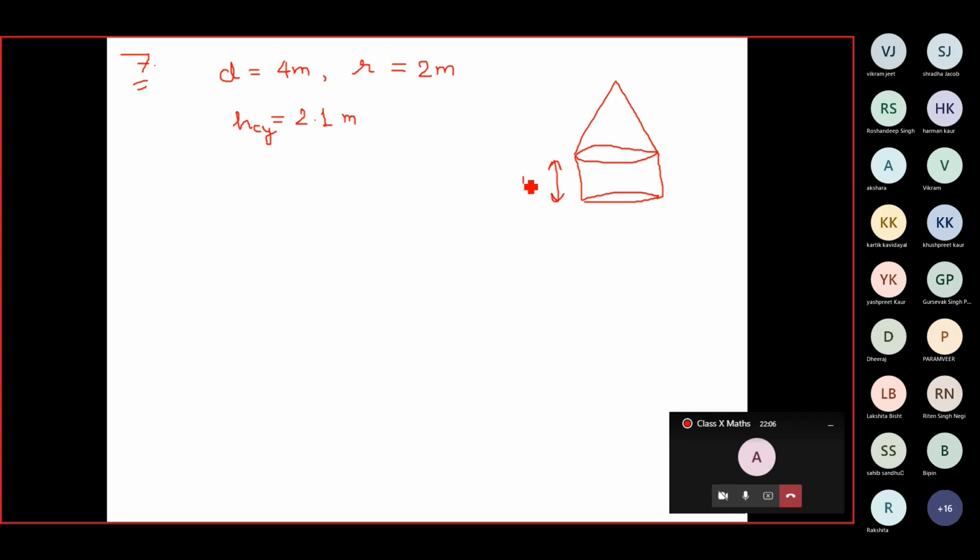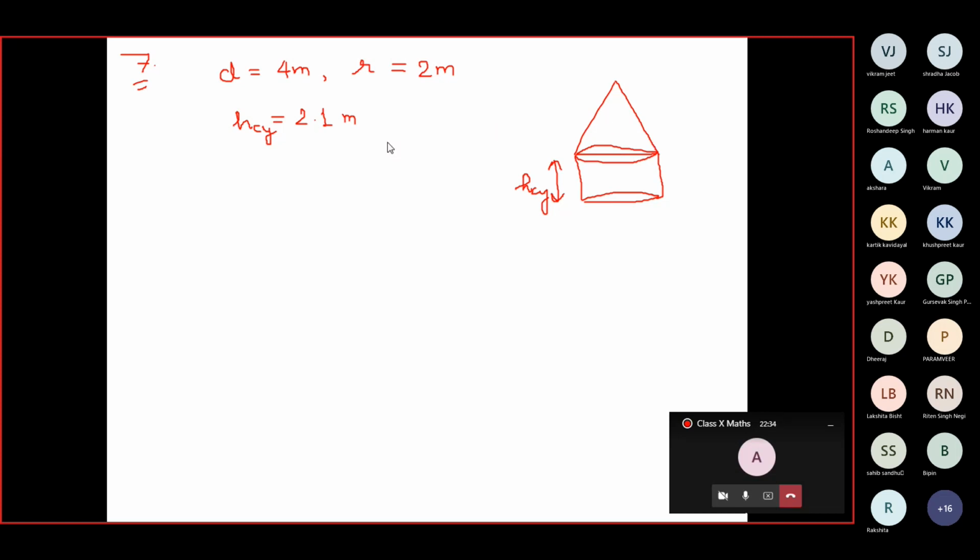This is the height of the cylinder, and the radius is also of this one part only, but the radius of the cylindrical part and the conical part will be same, yes or no? Yes, sir. Not the height, but the radius or the diameter will be same for the cylindrical part and also for the conical part.